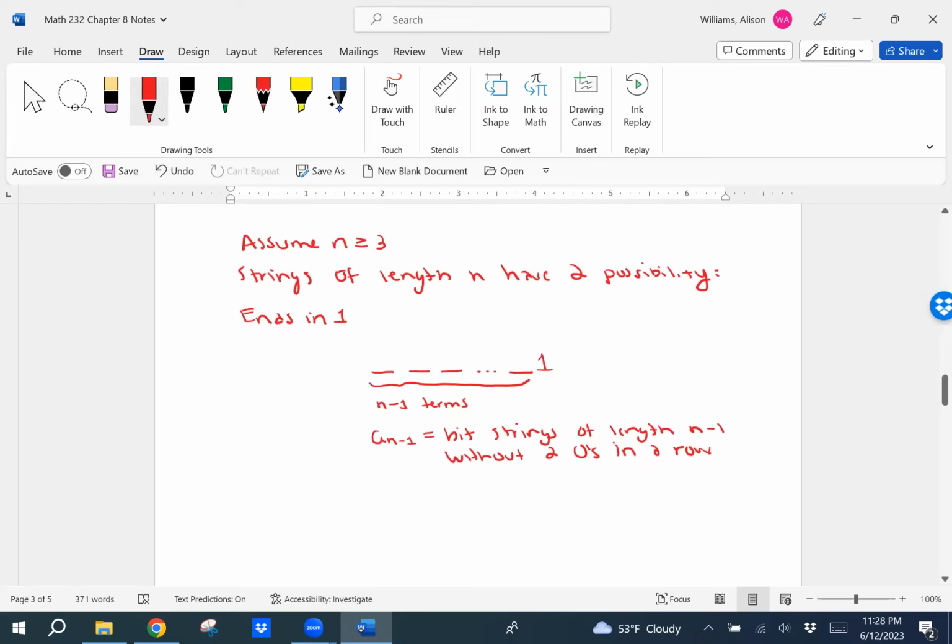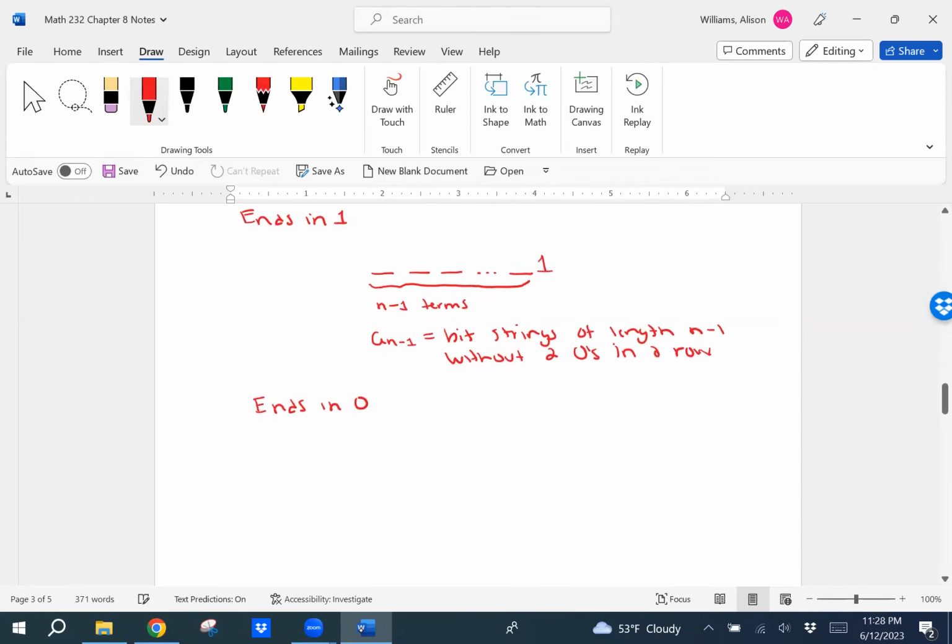Or the other possibility is they end in 0. Now, when it ends in 0, something special has to happen. We actually can't just assume 0 is the last number, because the number prior to it can't be a 0. Otherwise, we have 2 consecutive zeros.